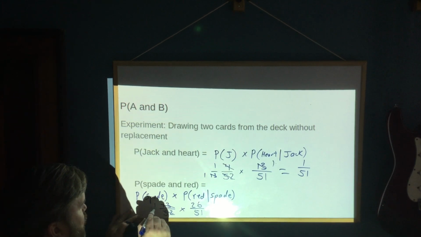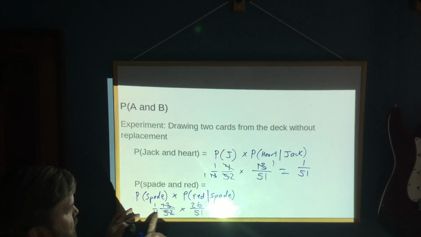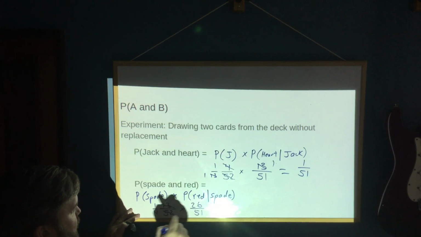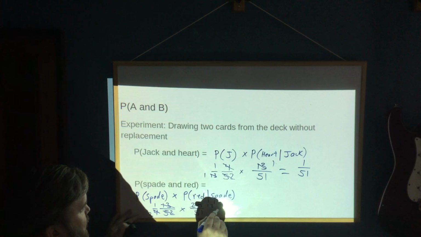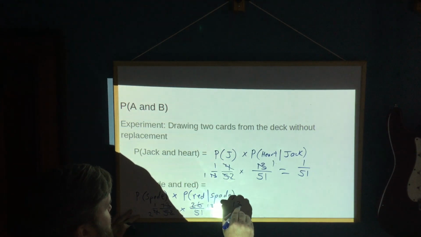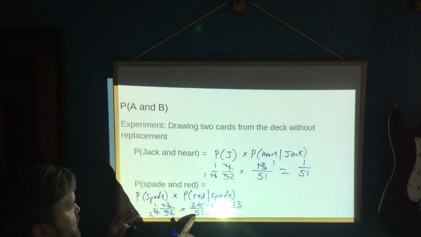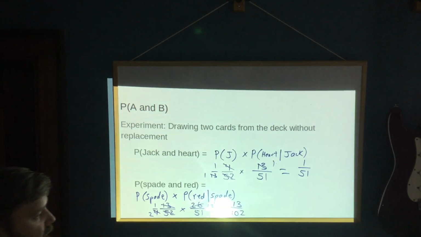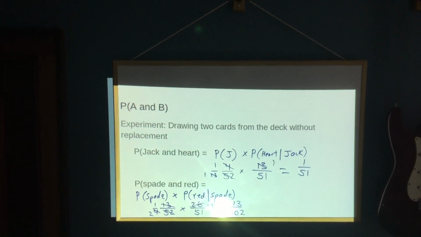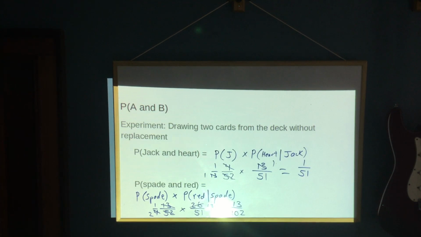That reduces to 1 out of 4 and 26, 2 goes into both of those. So it goes in twice, goes in 13 times. We get 13, and then 2 times 51, 102. So the probability is 13 out of 102.